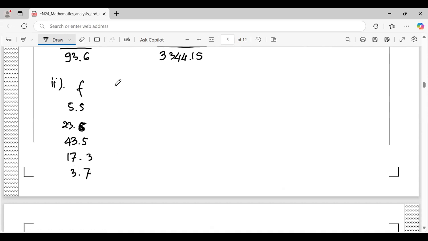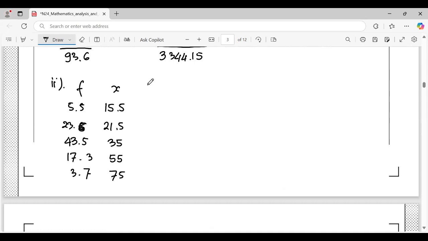After that, X or midpoint: 15.5, 21.5, 35, 55, 75.